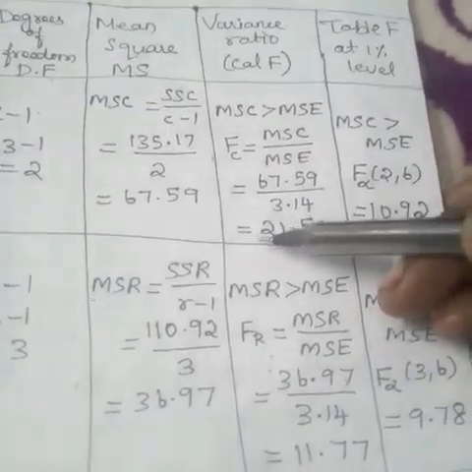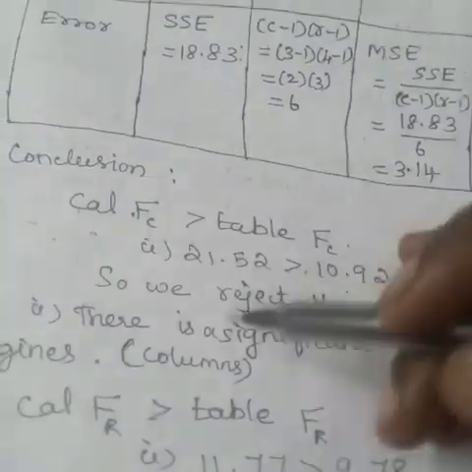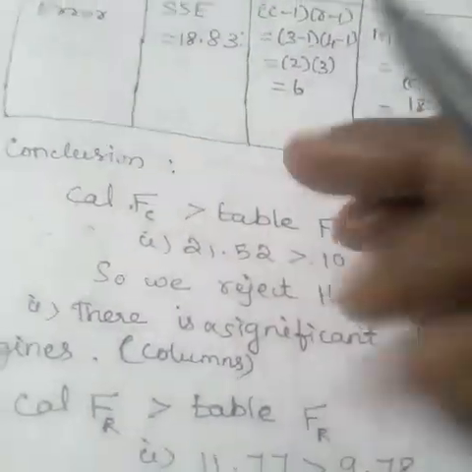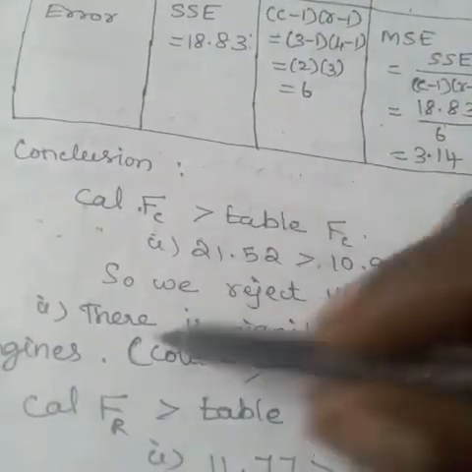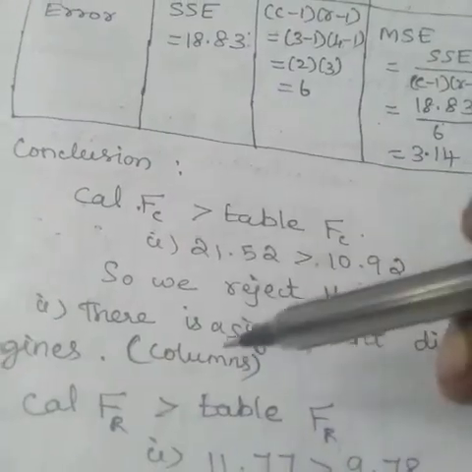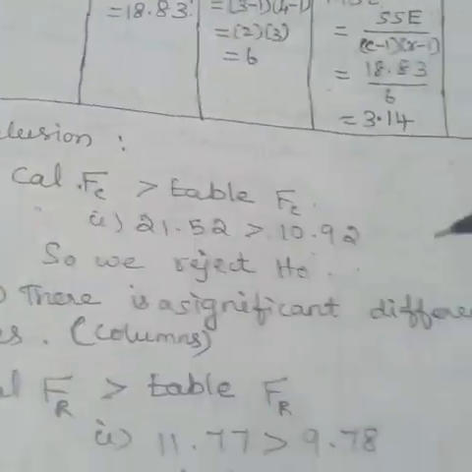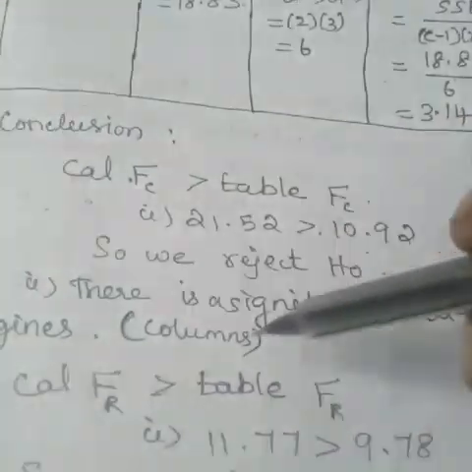That is, calculated value is greater than table value. So we reject H0, which means automatically we accept H1. That means there are differences in the columns or the engines. So we have three engines, X1, X2, X3, three different varieties of engines. So there is a significant difference between the engines or columns.